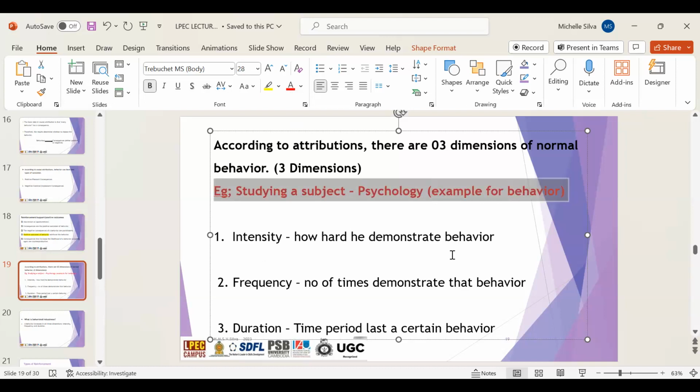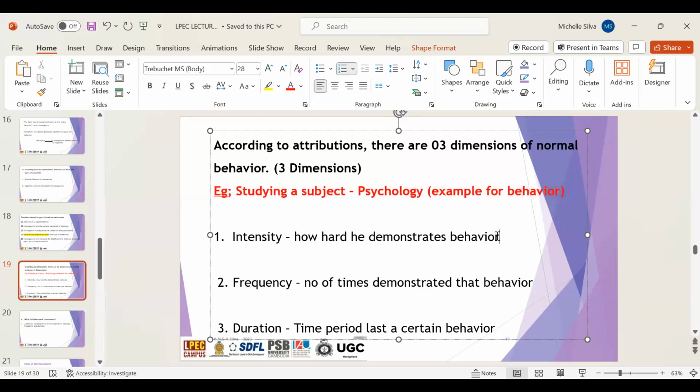How hard means whether you have prepared your own timetable, your own short notes, whether you are discussing the facts with your friends through online or offline modes, searching information through the internet, reading books, referring to articles to know about this subject more and more, or interviewing people who are really knowledgeable about psychology. It says how hard you demonstrate the behavior, how hard you study this subject.